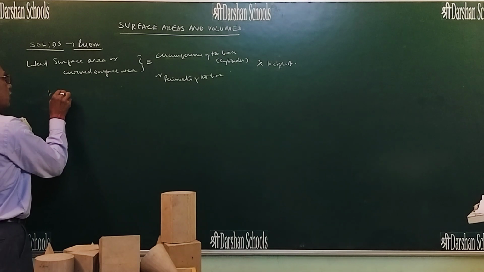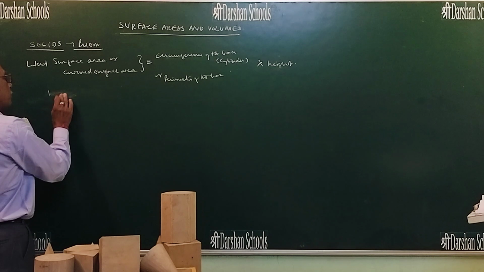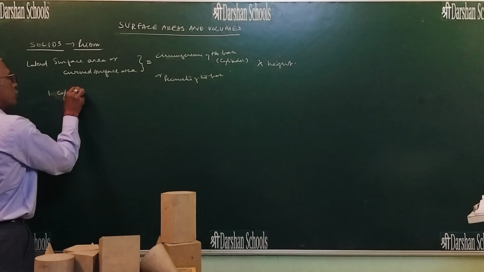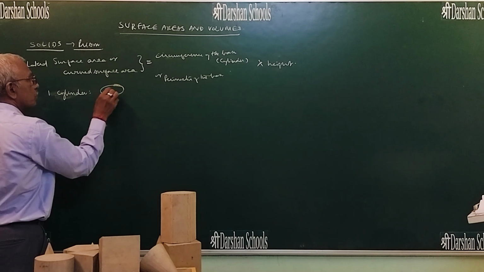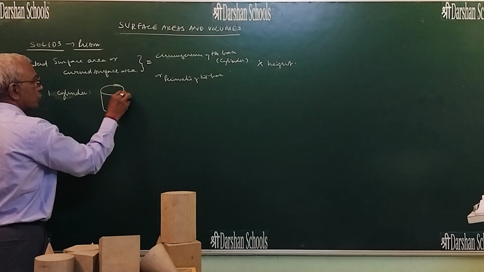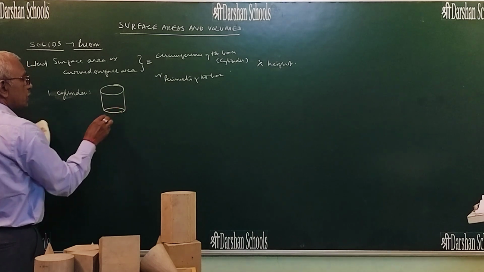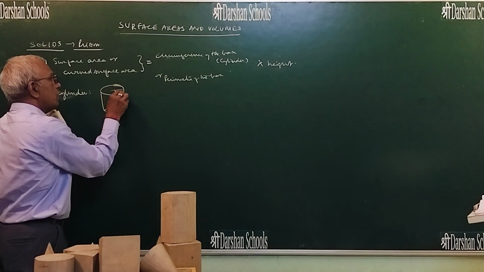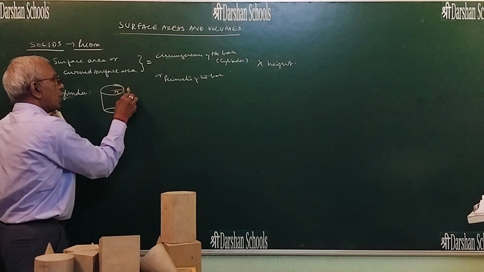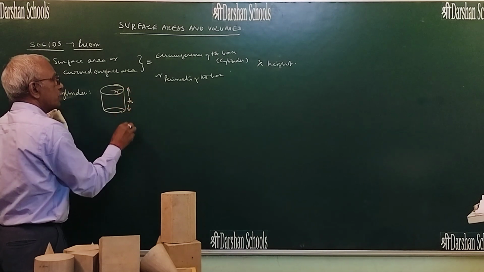One is a cylinder. A cylinder, you know, is like this. This is a cylinder with radius r and height h.